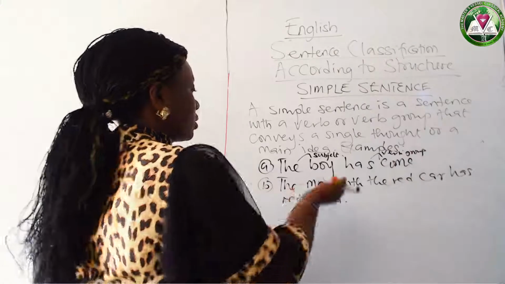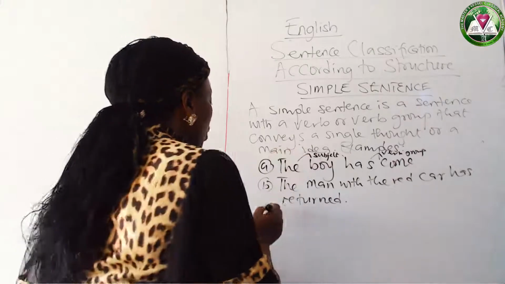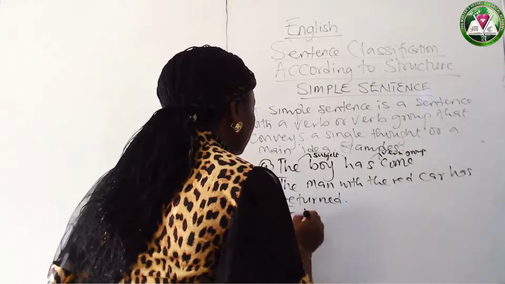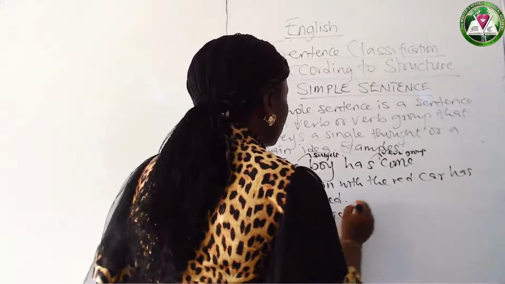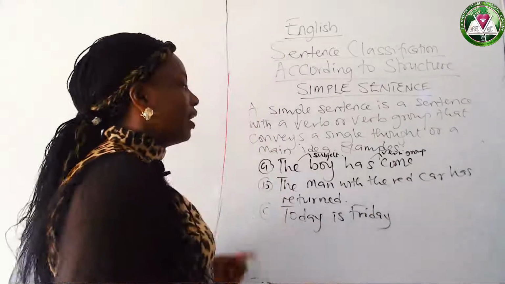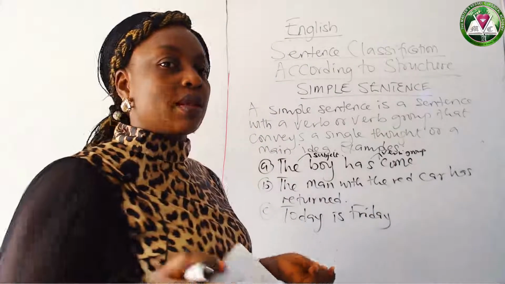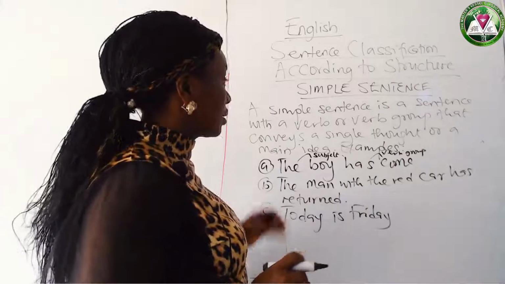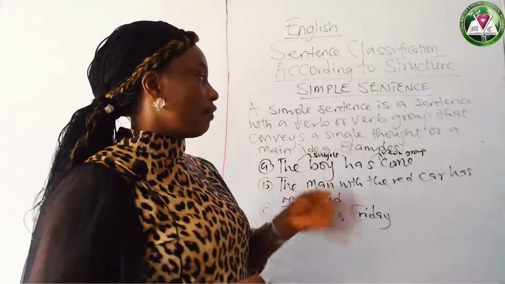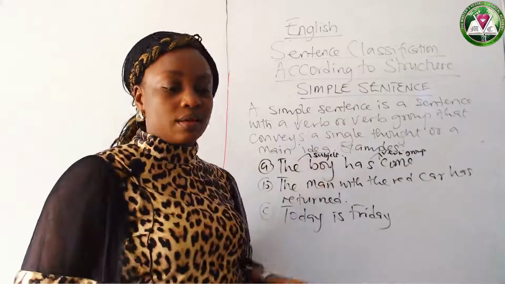So we are just talking about the action of a man. Okay. Another example. Today is Friday. So these and many more are examples of simple sentence. So like I said, a simple sentence conveys just a single thought. It's just talking about a particular thing.